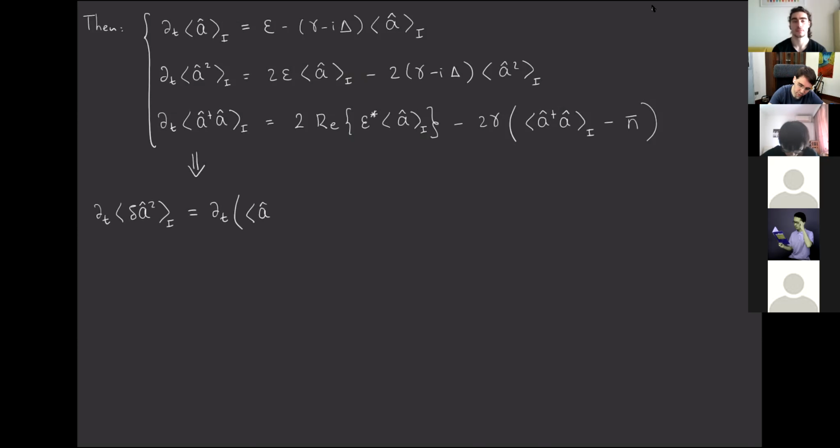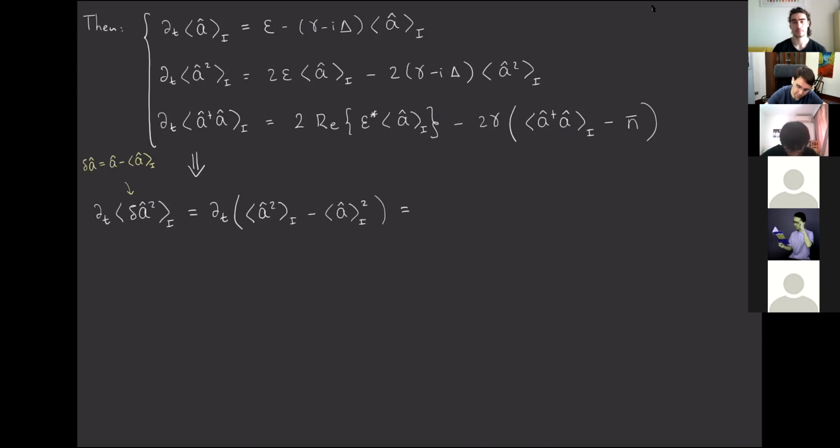I remind you very quickly that delta A is nothing but A minus the expectation value of A. And of course, I will always define it in the picture where we are.